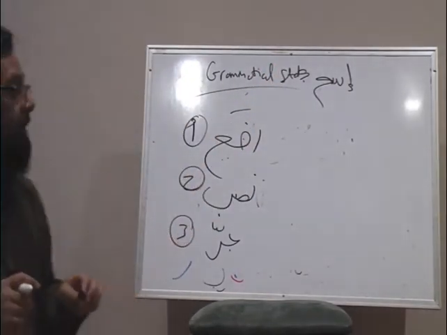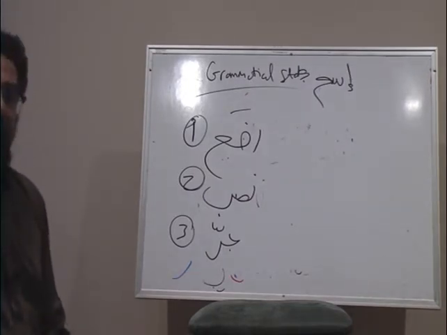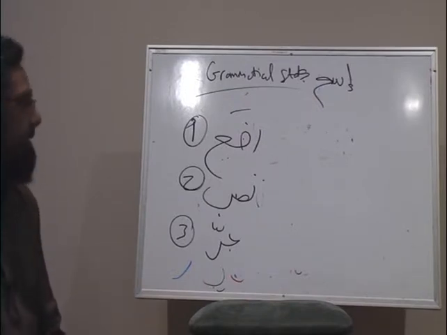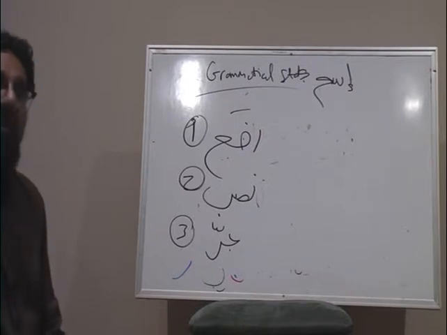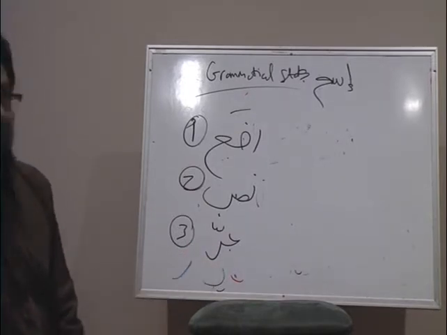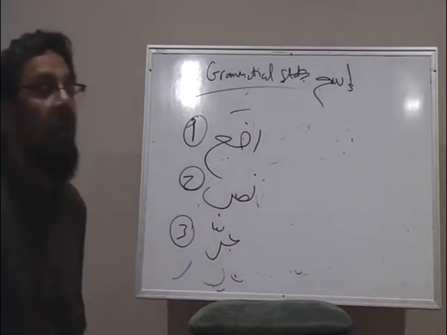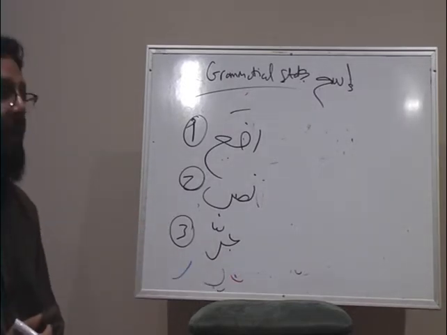So rafa, for example, is the nominative sentences, or the subject of a verbal sentence. Nasab is the object of a verbal sentence. And jar is with a preposition, like in the garden, or in the name of Allah, as we did in the example.